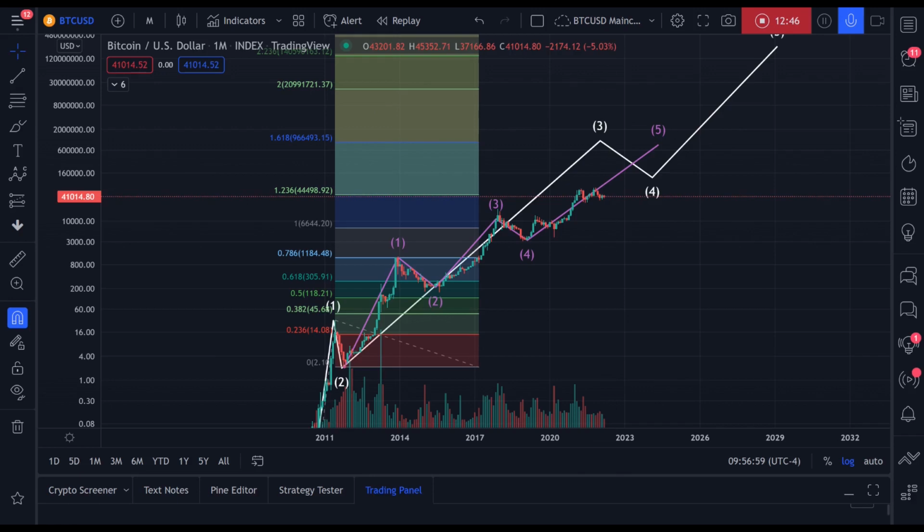So it's likely that we get an extended wave 5 here that doesn't stop at 107,000. Okay, that's why I'm seeing $1 million Bitcoin very likely.